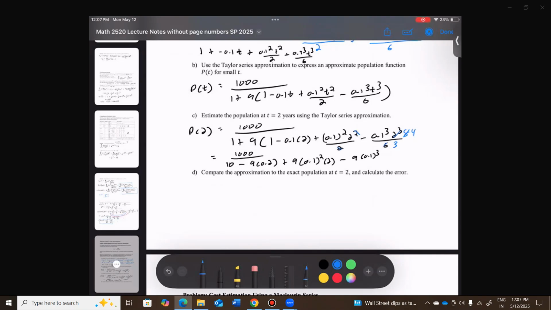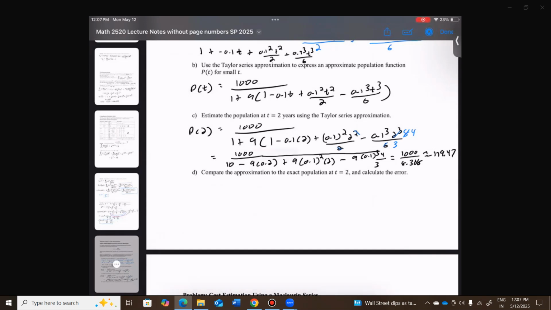And the 3 cancels with the 9, but I won't do that till later. So 4 over 3. And then we can put all this into a calculator. Remember all this is underneath that denominator, so you end up with 1,000 over 8.368, which ends up being about 119.47.